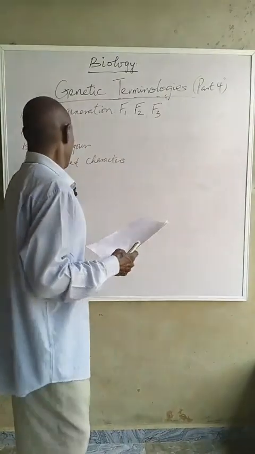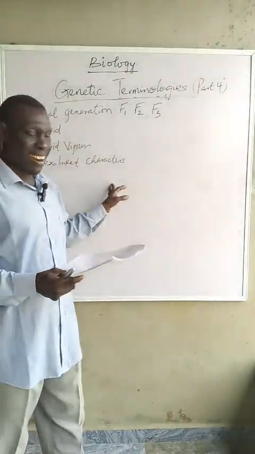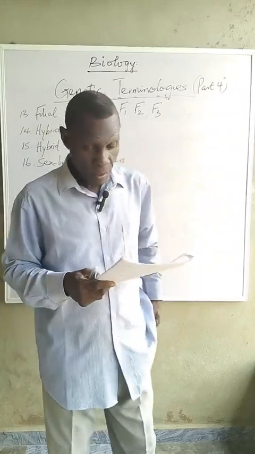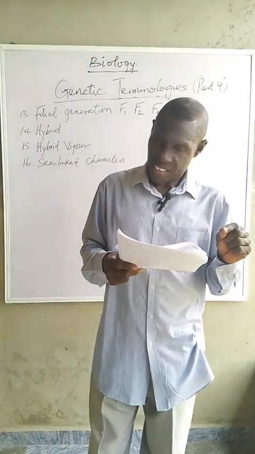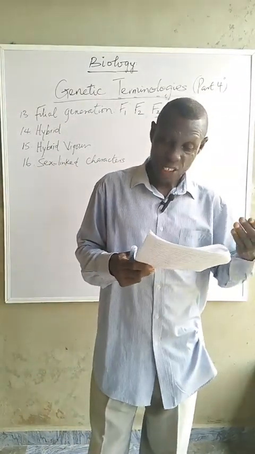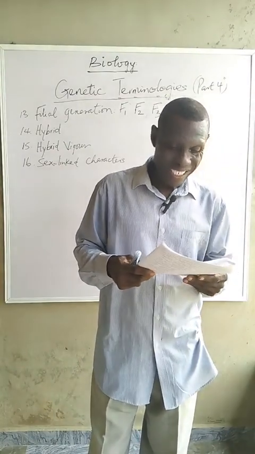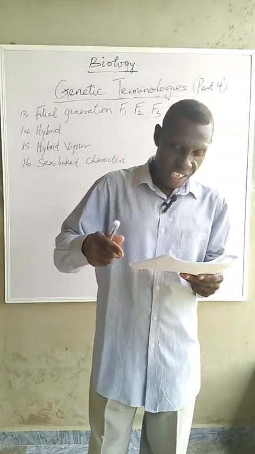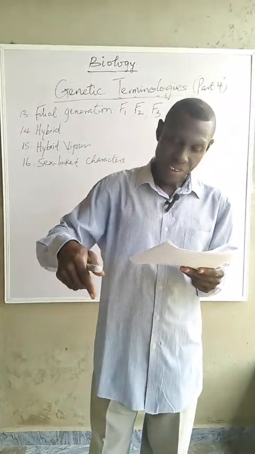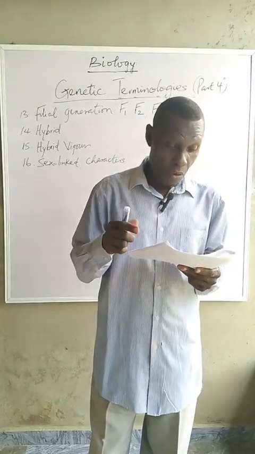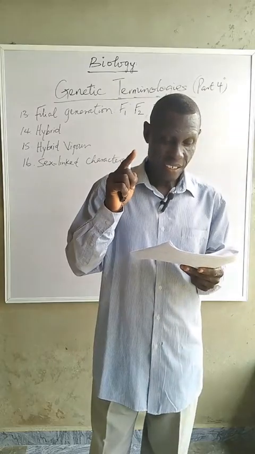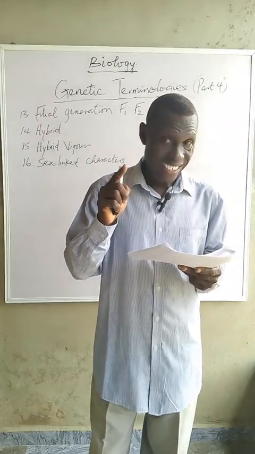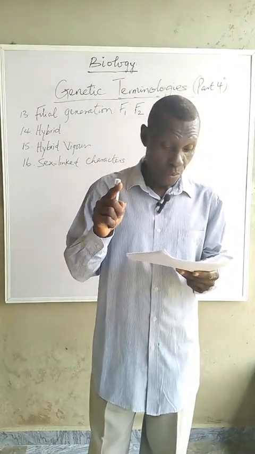We have what is called a sex-linked character. These are traits or characters that are associated with the sex of an individual. The gene for the expression of the character is borne on one of the sex chromosomes, which is the X chromosome.